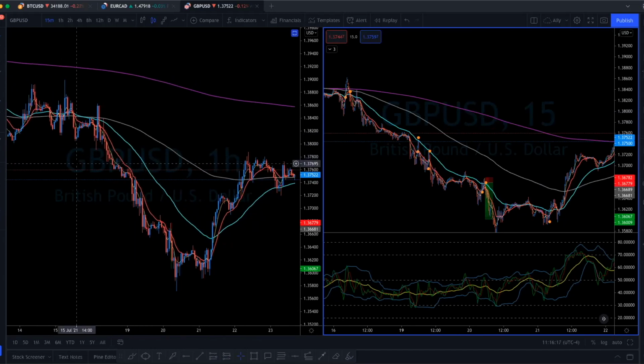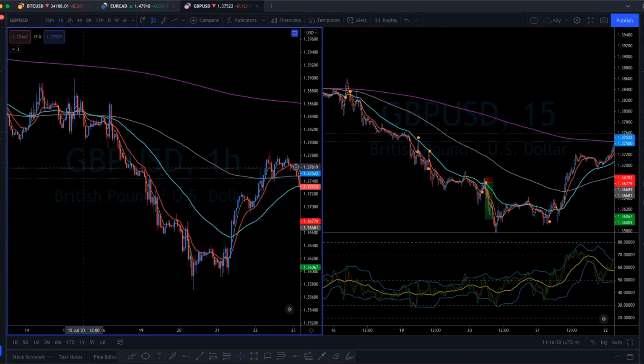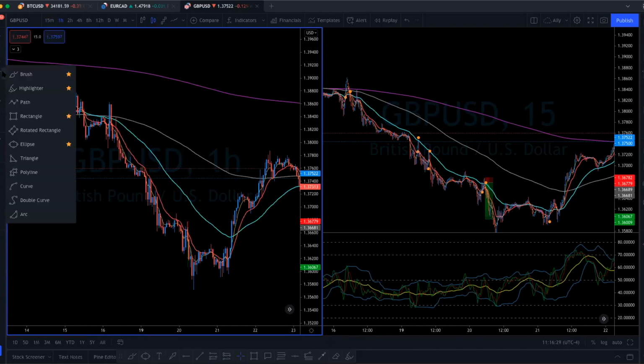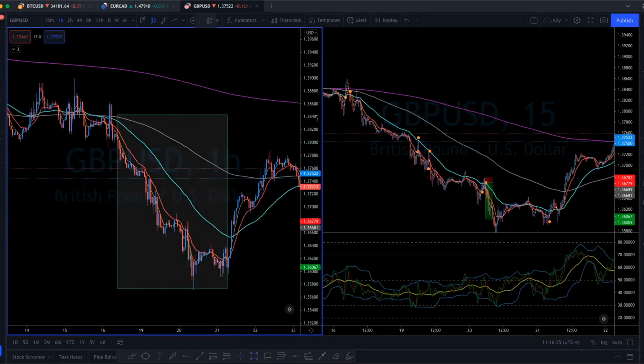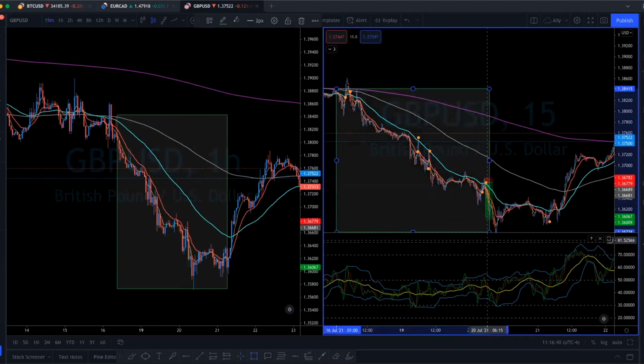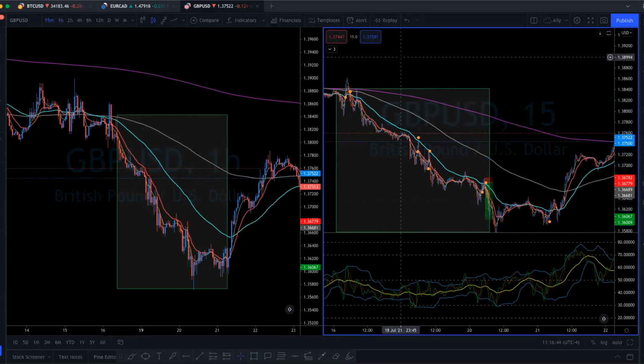Here's July 16th through the 20th. So what I want you to notice is essentially that spot and that spot. So this is a 15-minute chart.